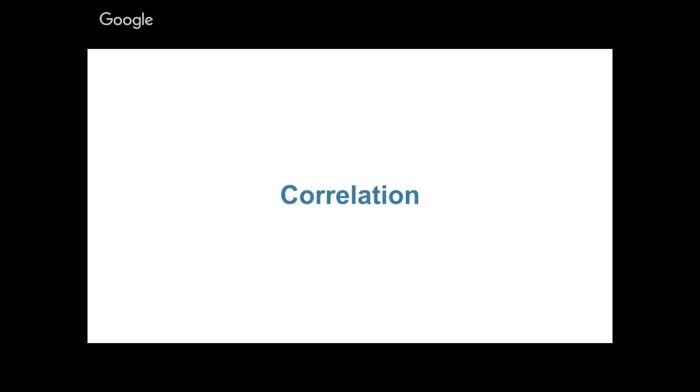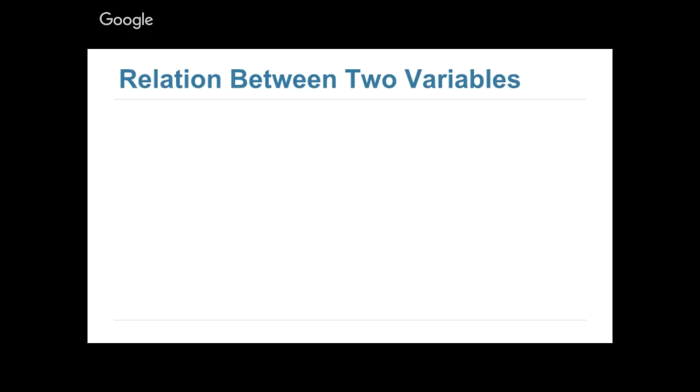Okay, correlation. There are some vocab terms here that I want to clarify first of all. One of these terms is what we call association between two variables. Association basically means if I change one variable, does the other variable change as well? So if I change my height, will I tend to have taller kids? We've seen that term before when we talked about hypothesis testing.